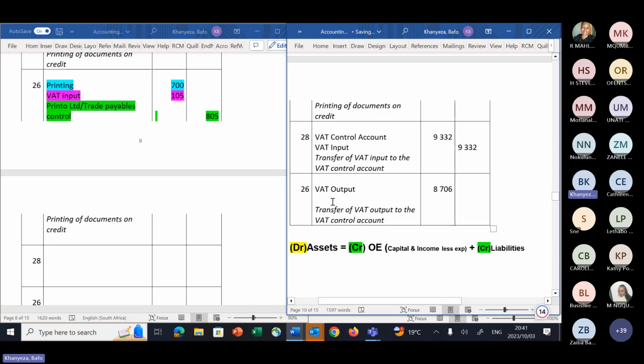So everything VAT output, we are removing it, and instead you are taking it to the VAT control account. That's why now this is gonna be credited, the output VAT is gonna be 8706.